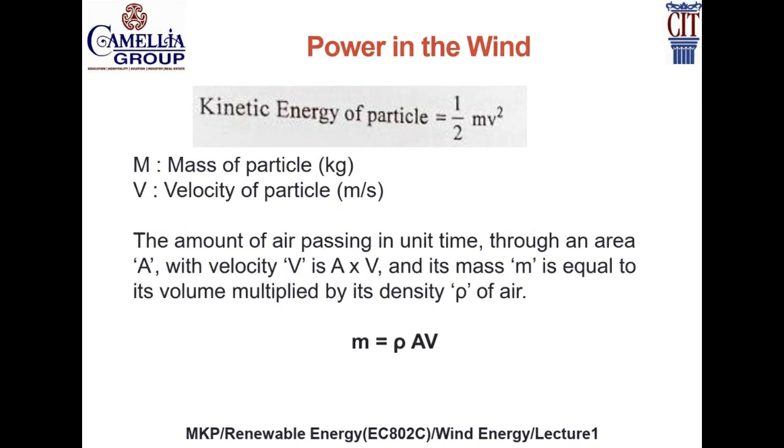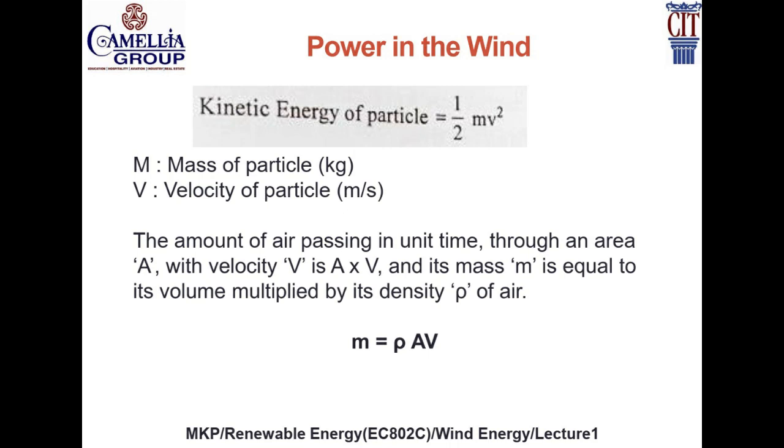Now, let us use this formula to find out what energy the air is delivering per unit time to the turbine. Let us suppose the amount of air passing per unit time through an area A with a velocity v is small m.